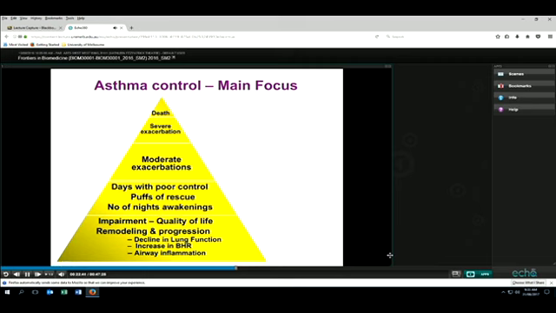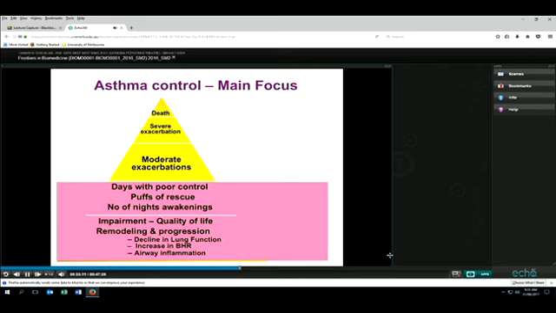And if we can control particularly the days that people have to use a short-acting beta agonist as a reliever, and the number of nights that people wake up due to symptoms of asthma, either breathlessness, but typically nocturnal asthma presents as dry cough.